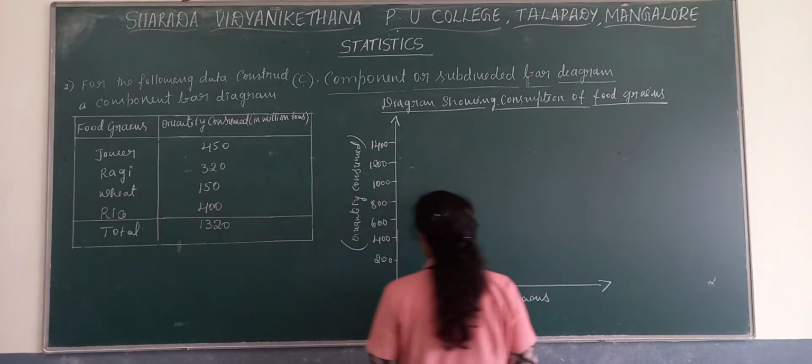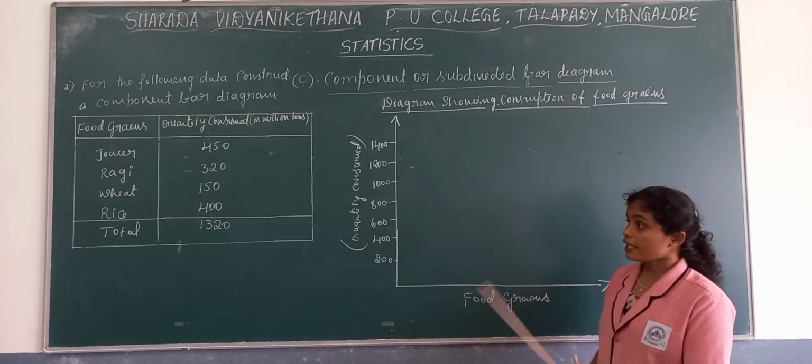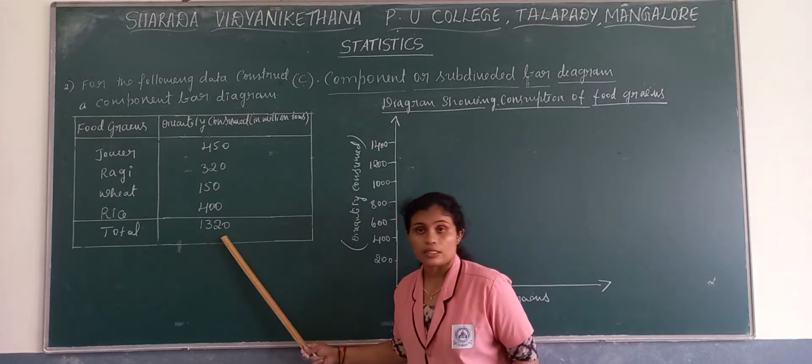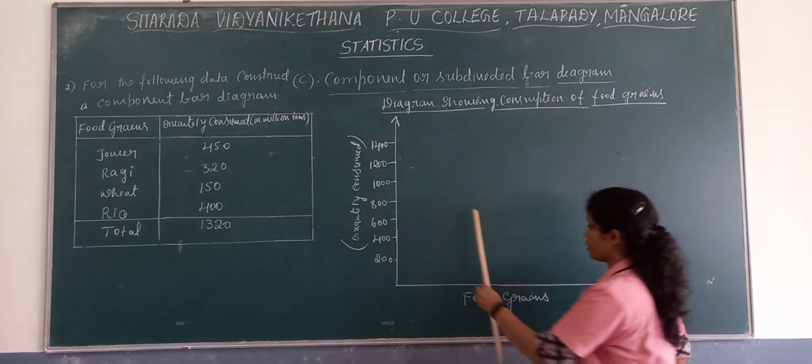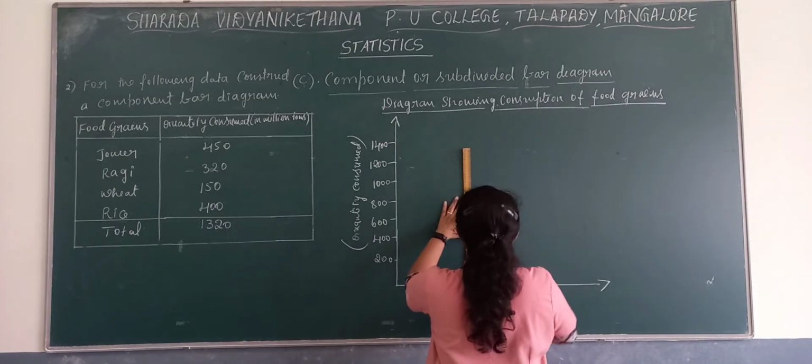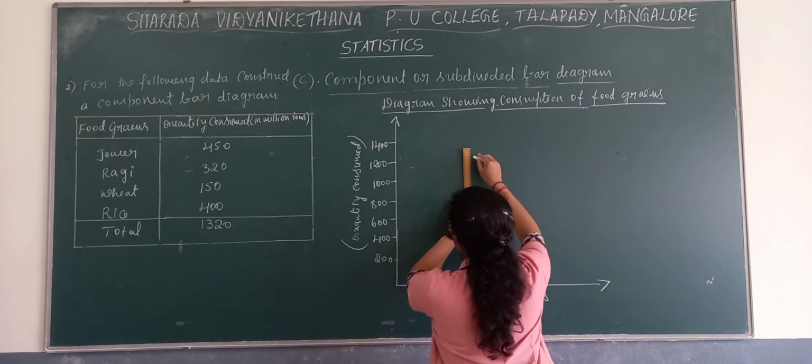Now we'll draw the bar to the length of the total. What is the total of these food grains? The total is 1320. Now draw the bar to the total of 1320.